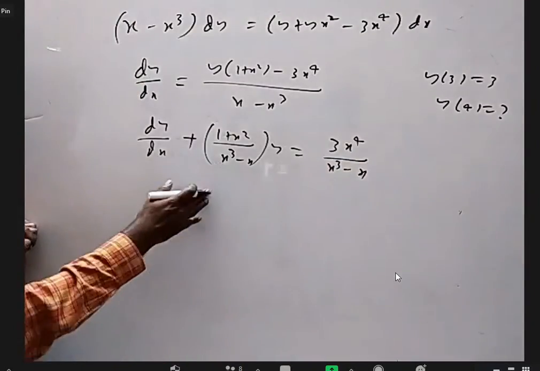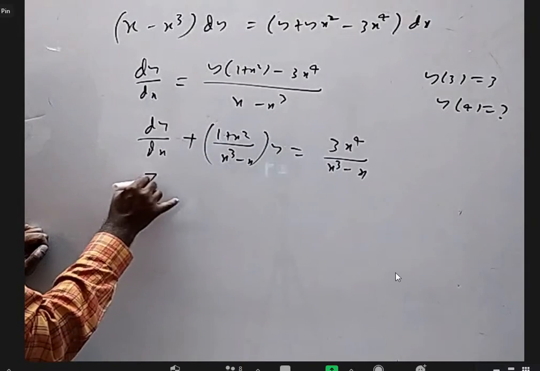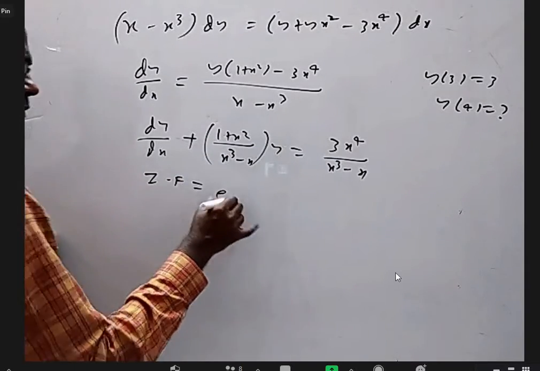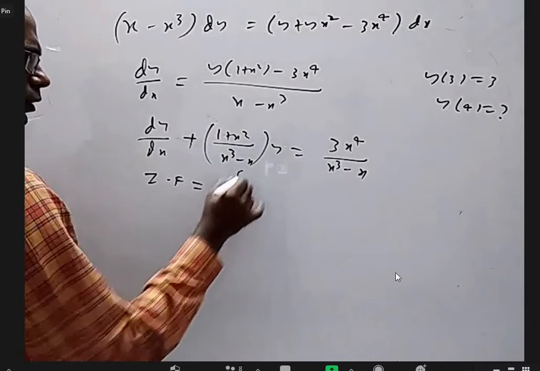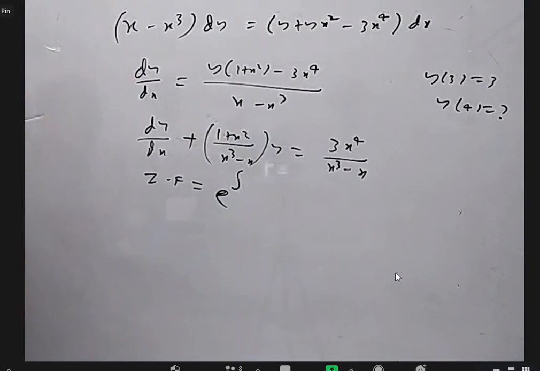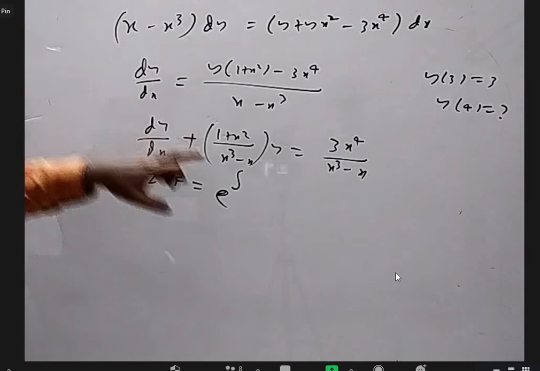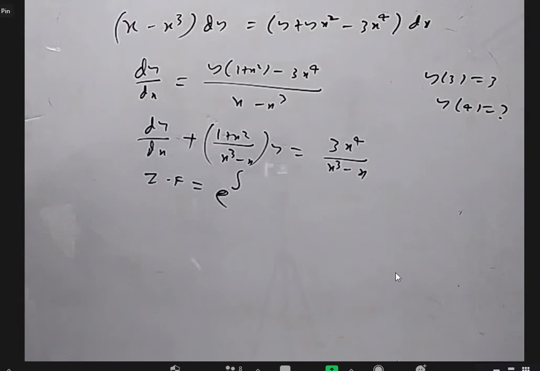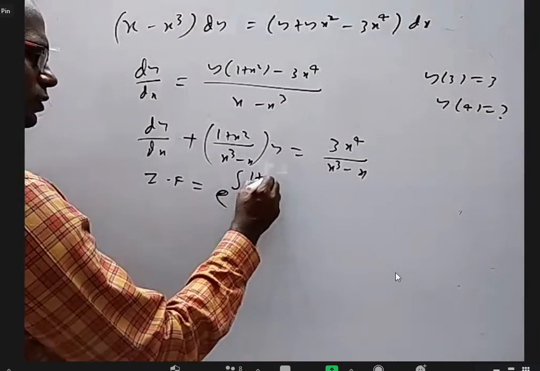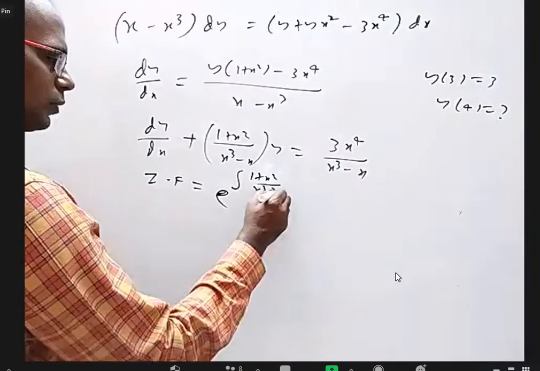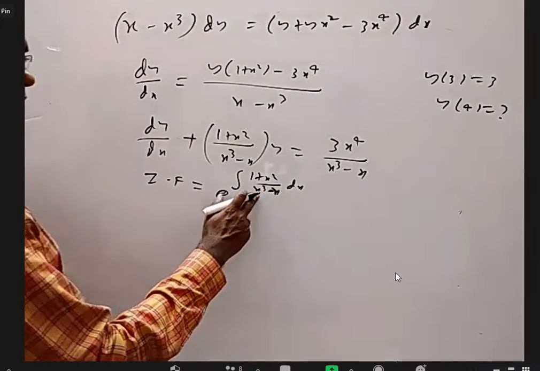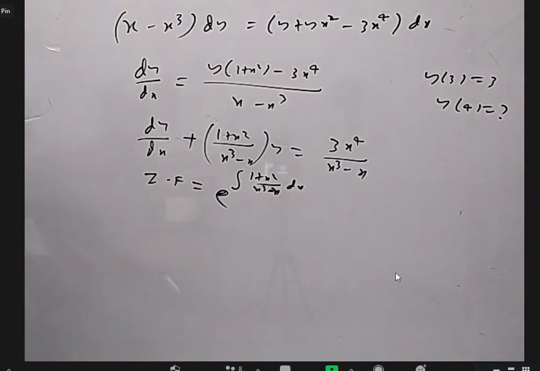It's like dy by dx plus Py equal to Q. So what is integration factor? It is e power integral of this. How will I find integral of this? I have to do x into x plus 1 into x minus 1. It's okay. 1 plus x square by x cube minus x. Derivative of this is 3x square minus 1.